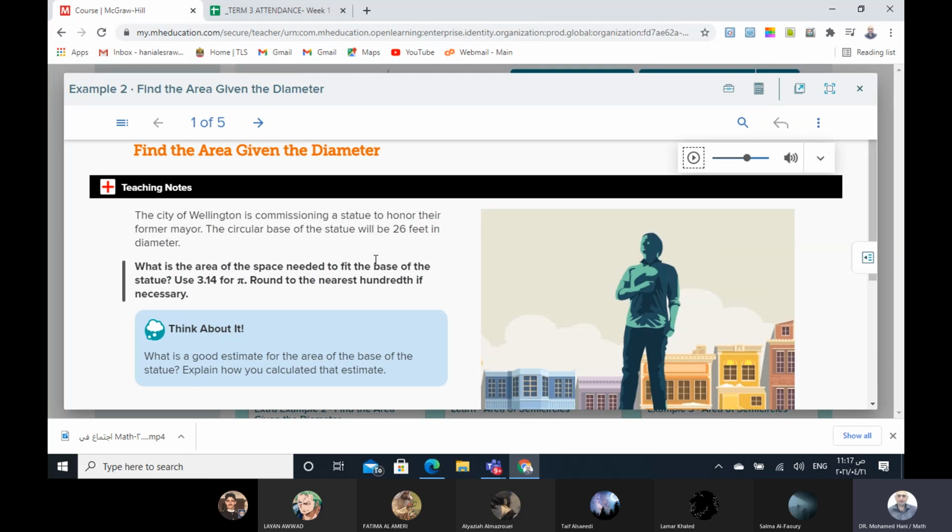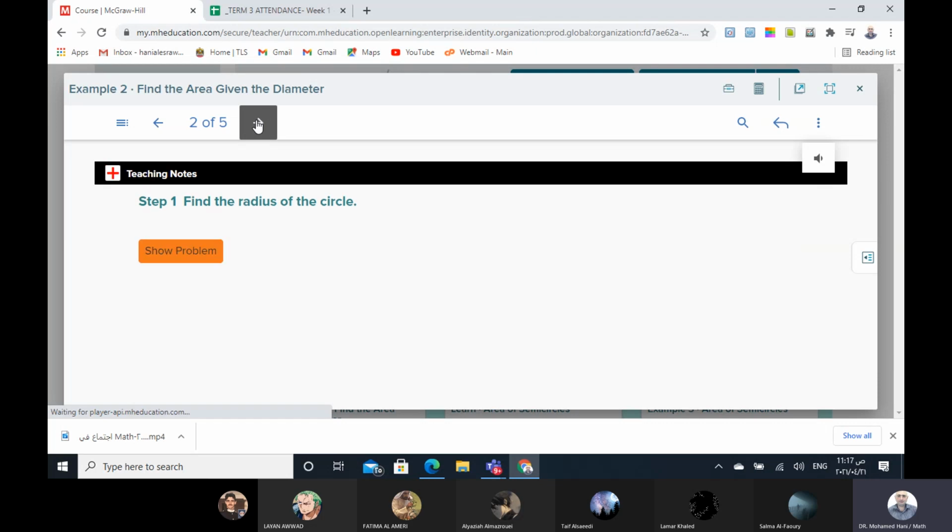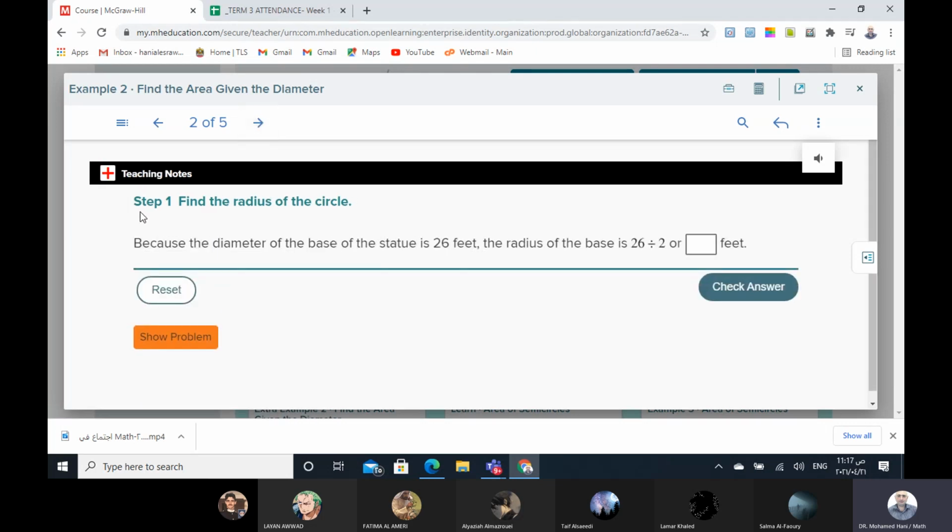Now we don't have the radius. We have the diameter. So what do I do? First, define the radius of the circle, because the diameter of the base of the statue is 26 feet. How to find the radius?